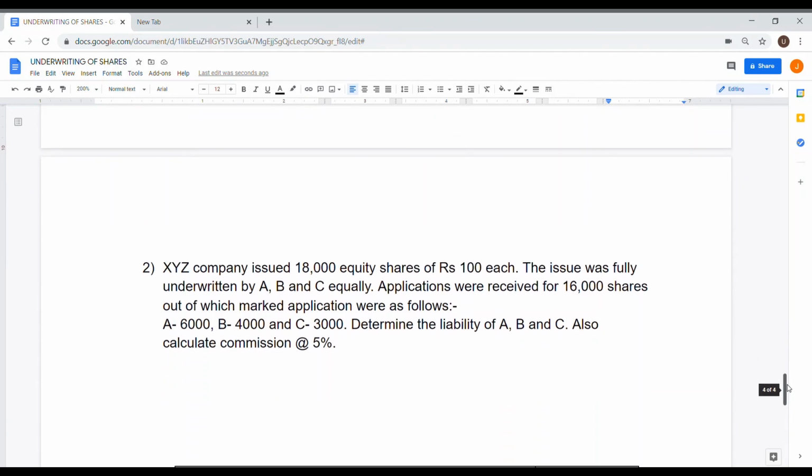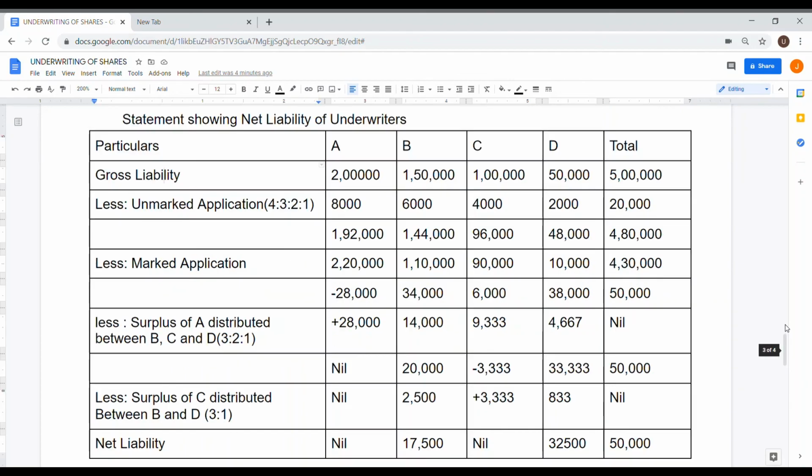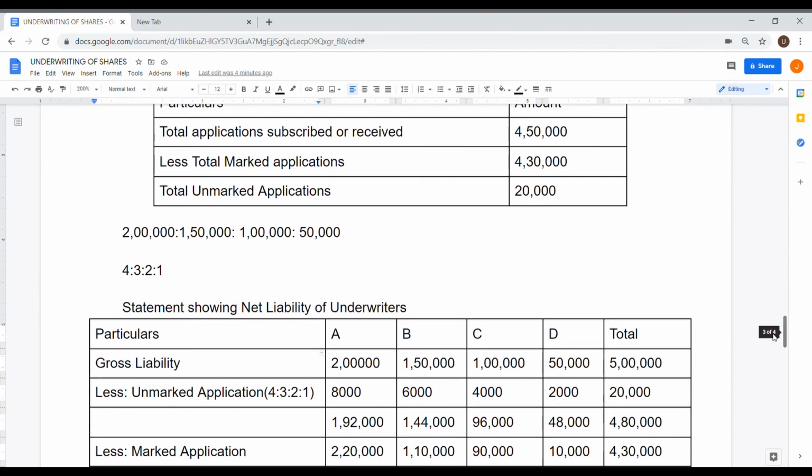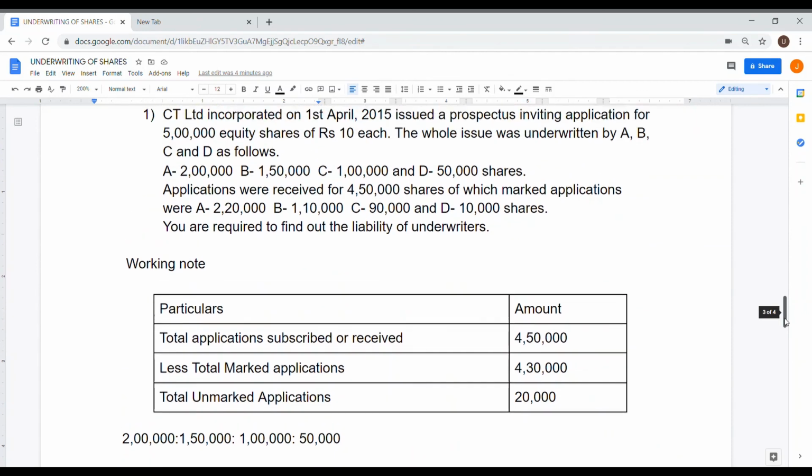And the next question, you can just try solving it by yourself, and this question I'll be solving in my next video. We'll just go through how we got net liability. First, you have to write down the gross liability they have given, then you have to find out the unmarked application, that is total application subscribed or received minus total marked application, you will get unmarked application.